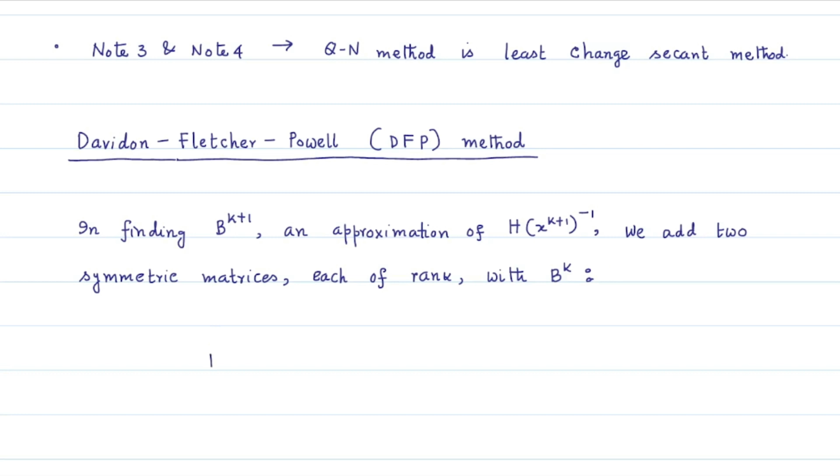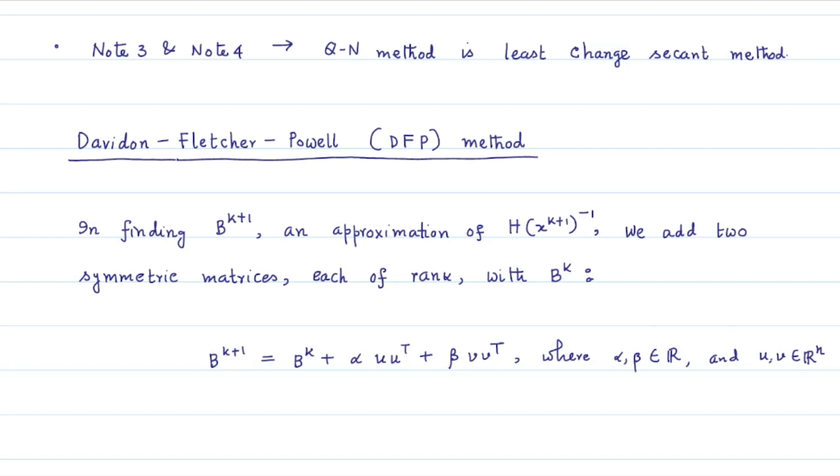That is, we consider bk plus 1 is equal to bk plus some real constant alpha times u u transpose plus beta times v v transpose, where alpha and beta are two scalars, two constants, and u and v are two vectors taken from Rn.